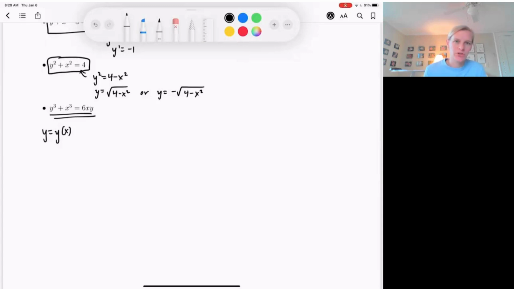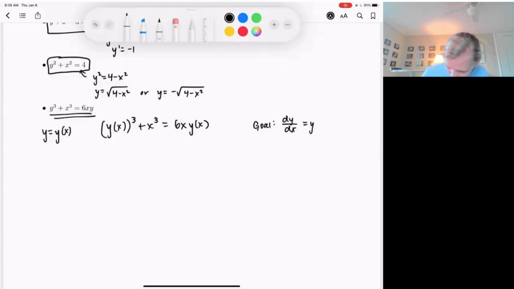That's the step that we're not usually going to take, but it's useful to see why, first. I'm going to replace y cubed with y of x, that whole thing cubed. The x cubed stays alone. I have 6x, and then that's equal to 6x, and I'm going to replace that y with y of x.